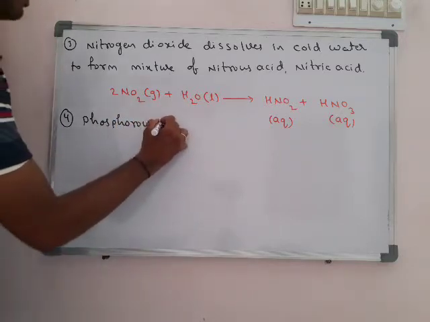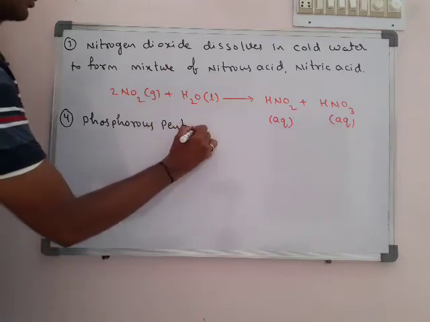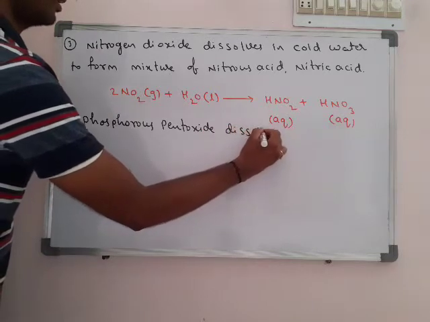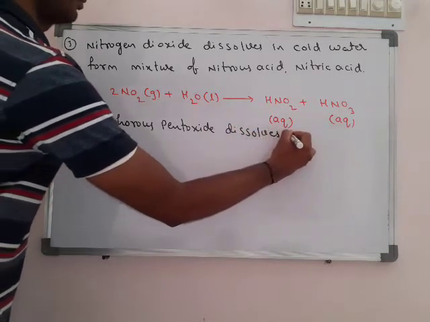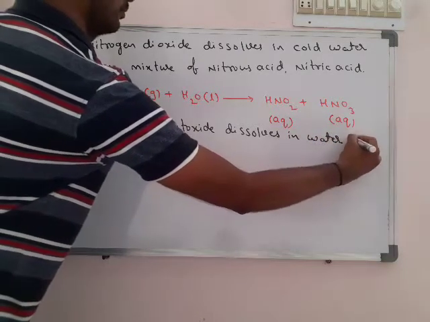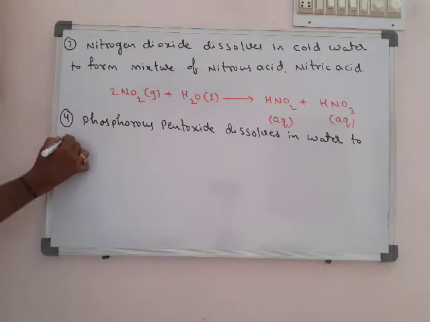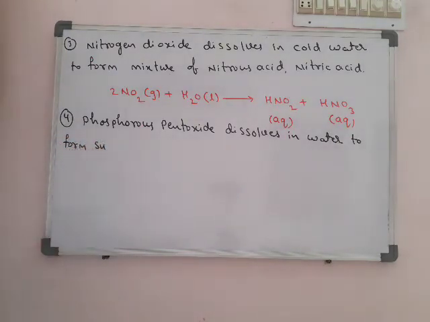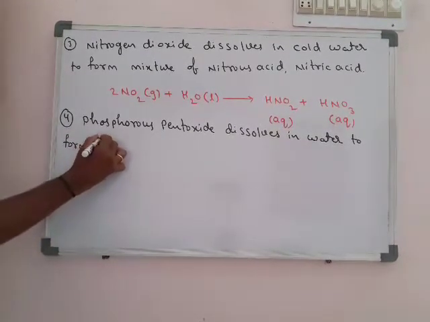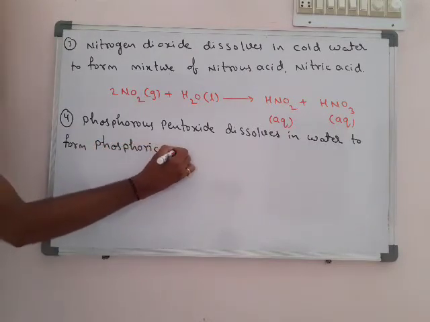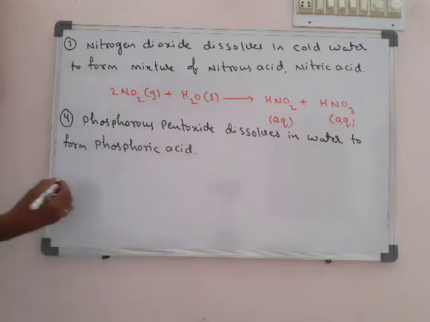So phosphorus pentoxide dissolves in water to form one more acid, phosphoric acid.